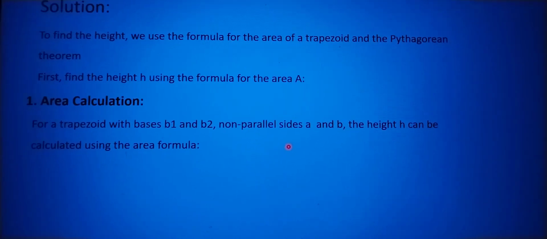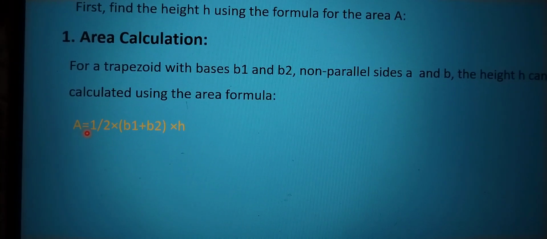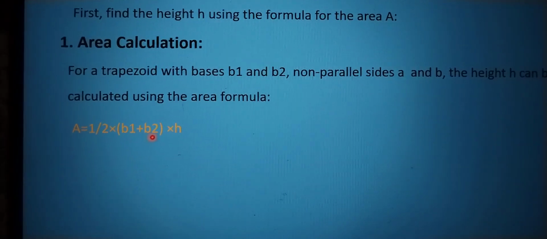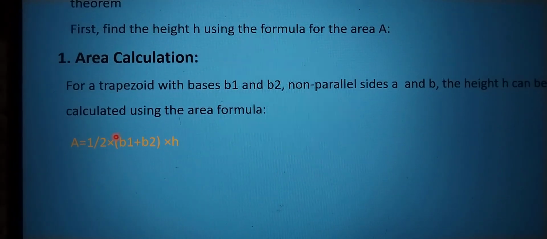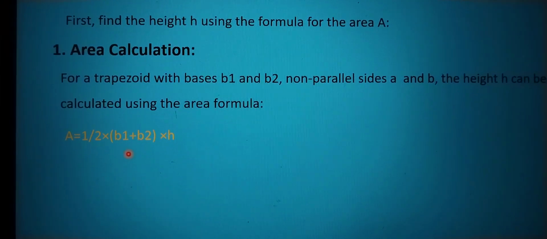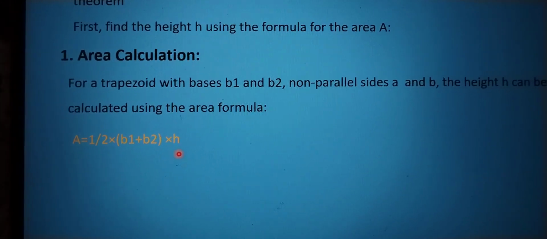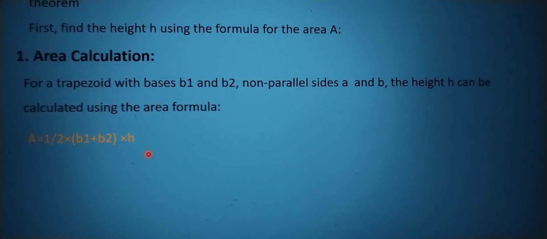This is the area formula for a trapezoid, which says 1/2 multiplied by, in a bracket, B1, which means base 1, plus base 2, then multiplied by H, which means height. When we simplify it, we can say base 1 plus base 2 over 2 multiplied by height.